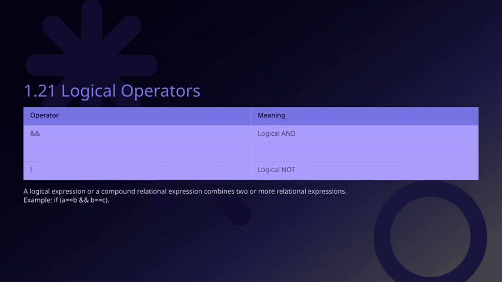Understanding how these operators work together allows us to create more nuanced decision-making in our programs, which ties back to the overall theme of controlling program flow effectively. So, mastering these logical operators is fundamental for writing precise and efficient conditional statements.